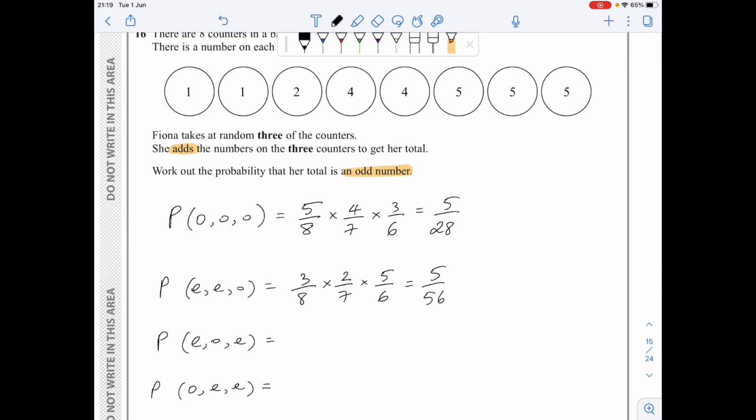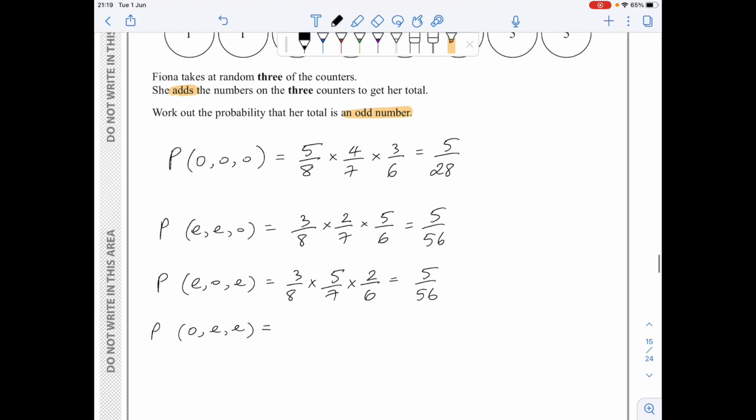Now for the next one, I will get 3 over 8 as before, times, now I've got my odd number, so it's 5 over 7, times 2 remaining even numbers out of 6. Note that the denominators are the same and the numerators are the same but in different order, so my answer will be the same.